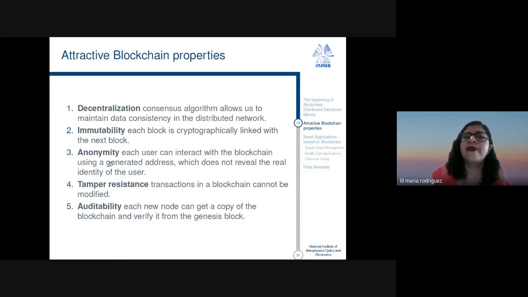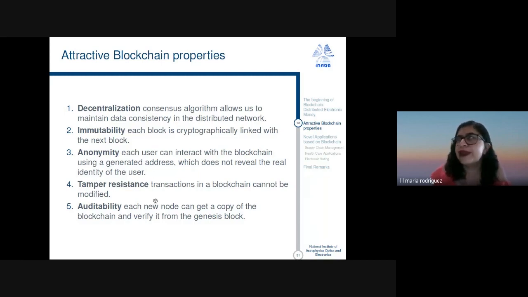We also have anonymity. The idea is that each user can interact with the blockchain using an address which doesn't reveal the real identity of the user. So this is a nice property also.